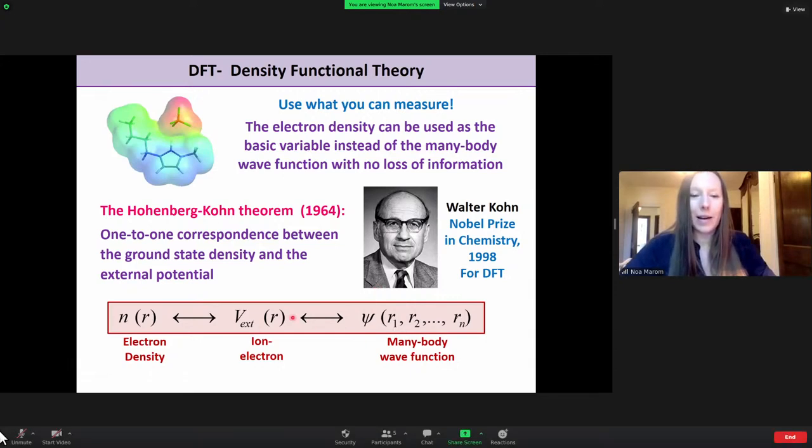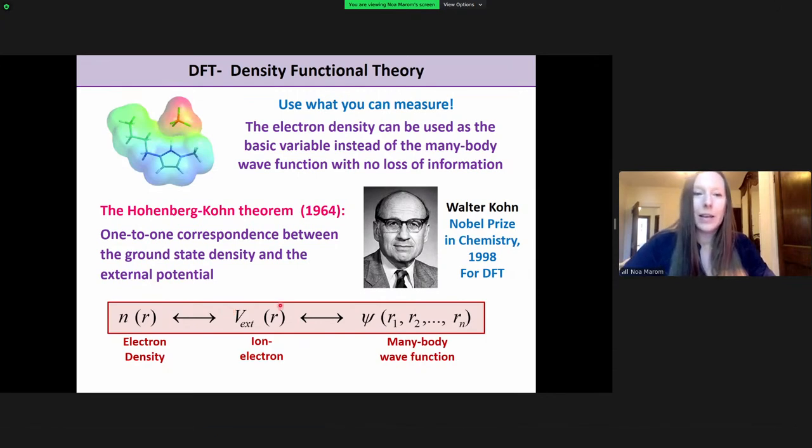So what guarantees that we can use the density instead of the many-body wave function is a theorem called the Hohenberg-Kohn theorem, which proves the one-to-one correspondence between the electron density, the external potential, and the many-body wave function.